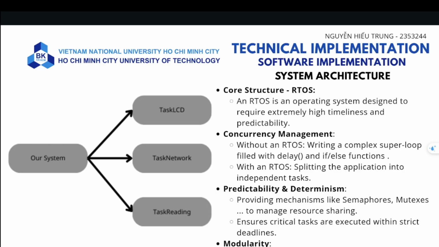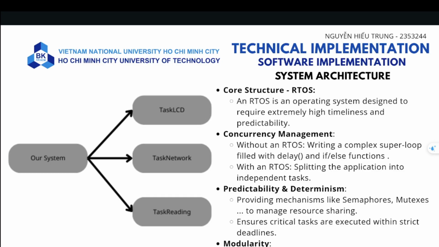Finally, for easily maintaining and updating the system in the future, we should divide the code into independent tasks. It's easy to lift a task from one project and use it in another, and a bug in one task is unlikely to crash the entire system.